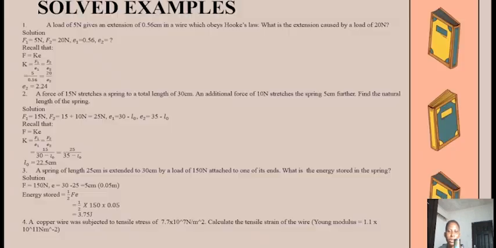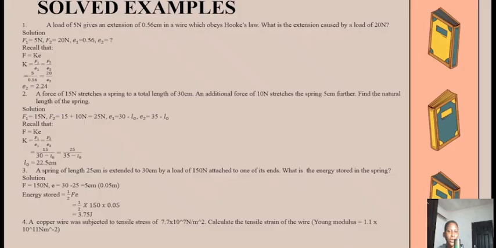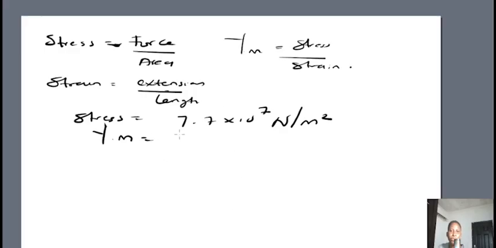Let's check. Okay, so we're given our Young modulus to be 1.1 times 10 raised power 11. Sorry, let me check. Our Young modulus was 1.1 times 10 raised power 11.